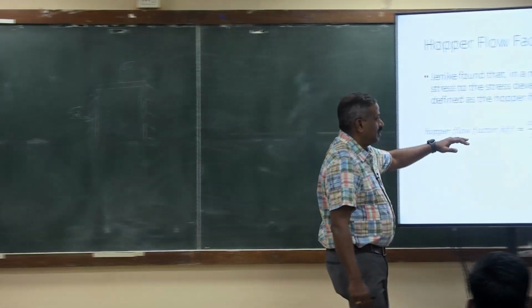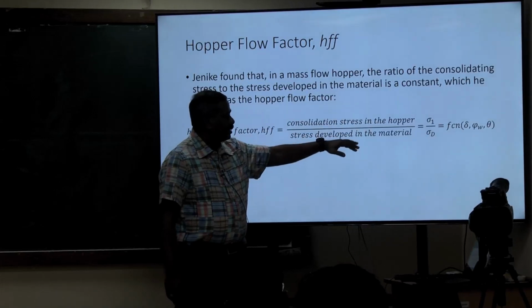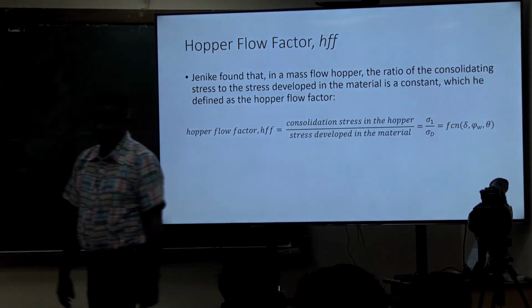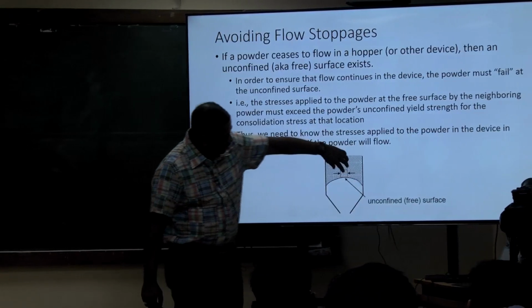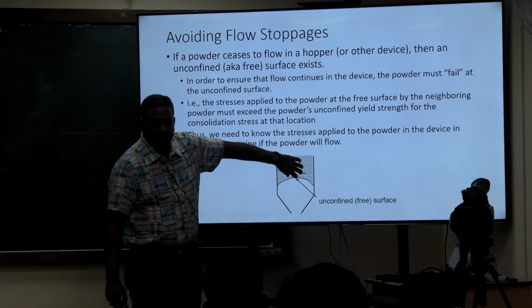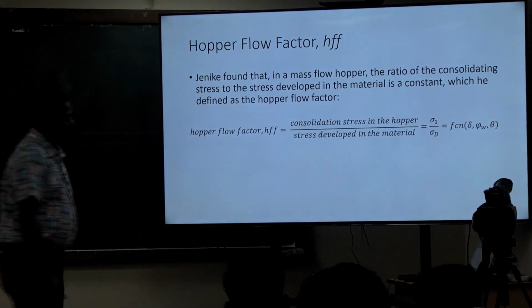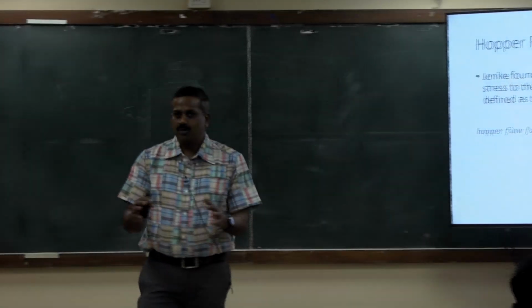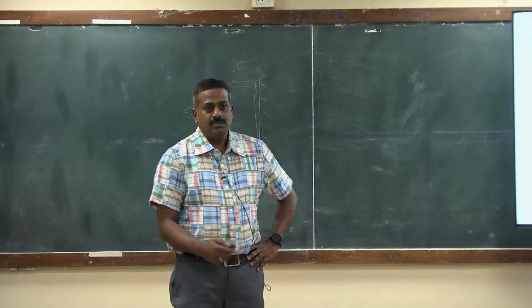So we can derive the hopper flow factor from the consolidation stress and then the stress developed in the material. Okay. So the stress developed in the material is the stress here in that powder region. And then sigma 1, that's the consolidation stress, and then how much it takes to make the material flow.